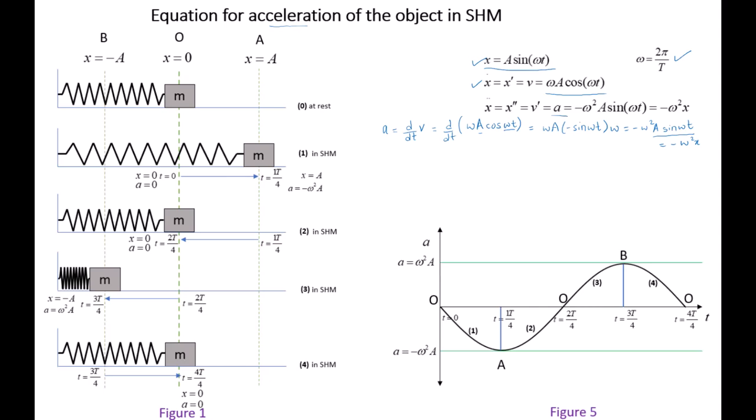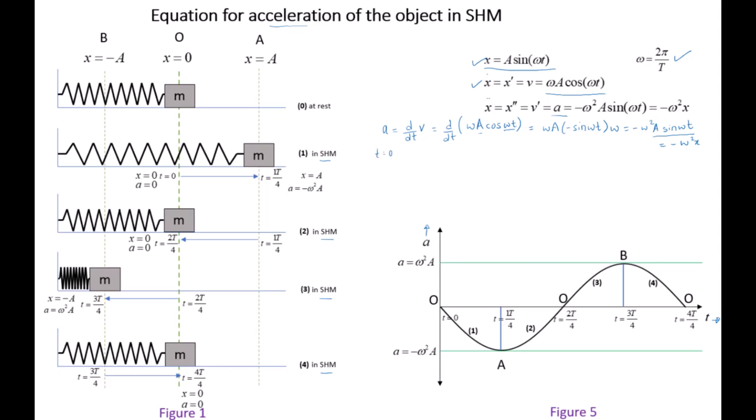And now let's try to understand the graph for the acceleration. So on the x-axis we have the time t, and on the y-axis we represent the acceleration. So let's see at different points what are the values for the acceleration. On the left hand side, where the figure remains the same, we have simple harmonic motion represented in steps 1, 2, 3, and 4. And let's see at time t equal to 0.